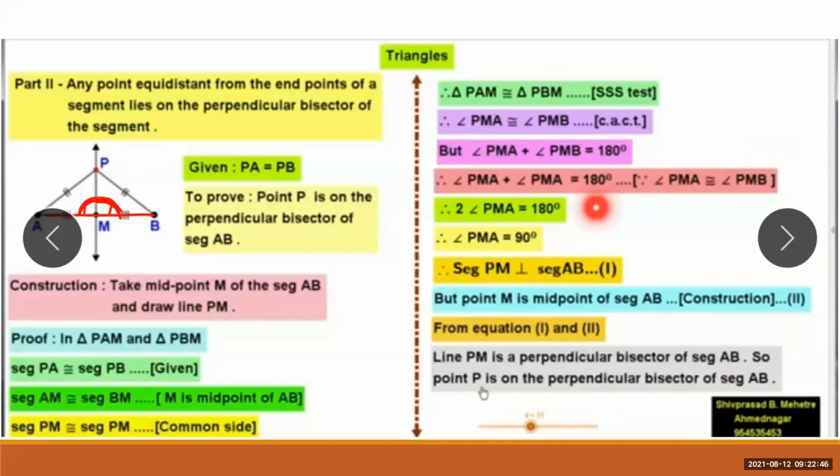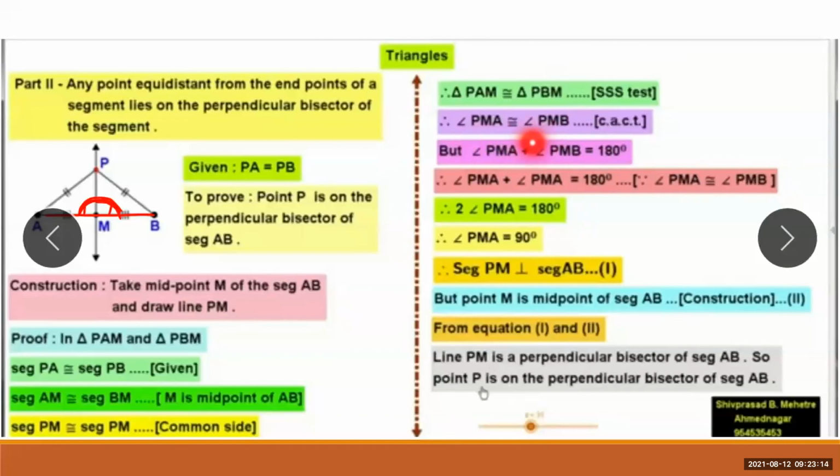Now see here, angle PMA. In the next step, angle PMA plus angle again PMA. Why? Because I replace this angle PMB with angle PMA, because both are of equal measurement.